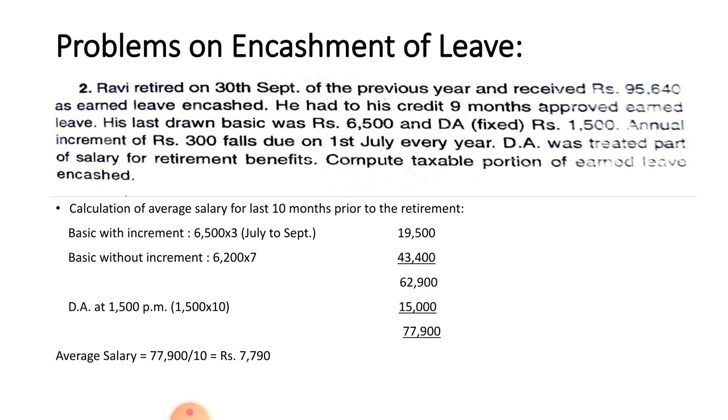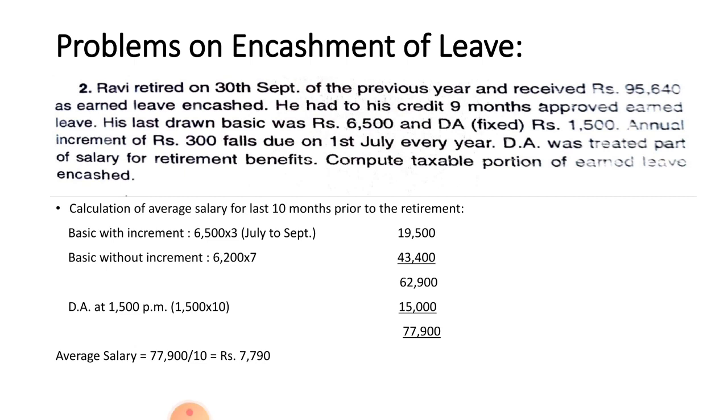There is one format to calculate the taxable portion of earned leave encashed: the amount received as earned leave encashed minus the least of four things, that is, the actual amount received, or average salary of 10 months, or salary of the approved period of leave, or the statutory limit of rupees 3 lakh.